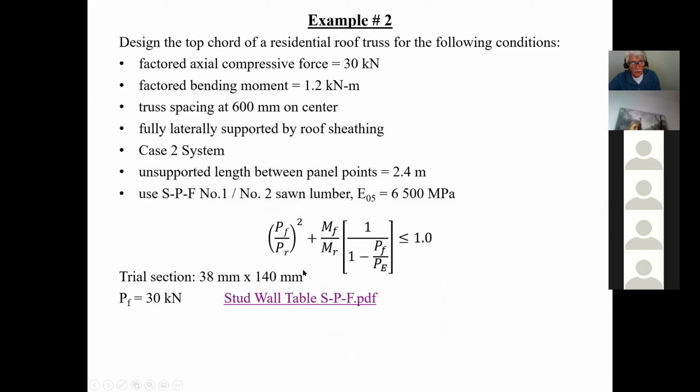This is nice because I need to keep a certain amount of resistance for the moment, because this ratio and that ratio squared, all of this, has to be less than 1. If this is very close, it doesn't give me much to compensate for the moment. So right now I've got my PR value.